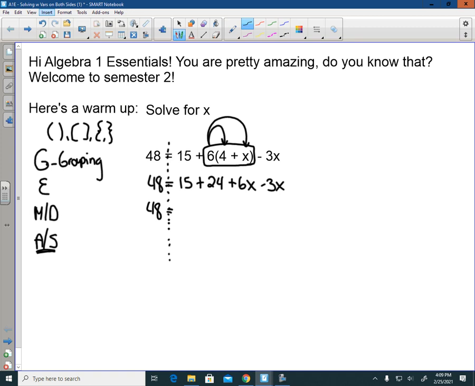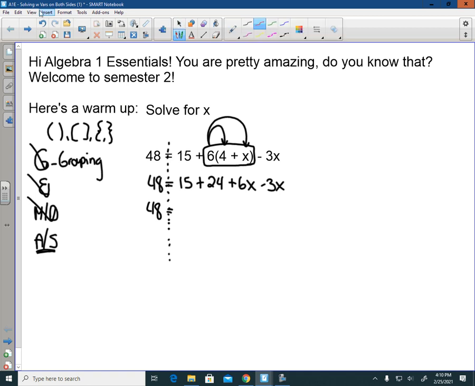We've taken care of the grouping symbols. There are no exponents, and there's nothing to multiply or divide yet, so we don't have to do that step. That brings us to the combine like terms step. We're going to be adding and subtracting, but remember, we can only combine terms that are exactly the same.